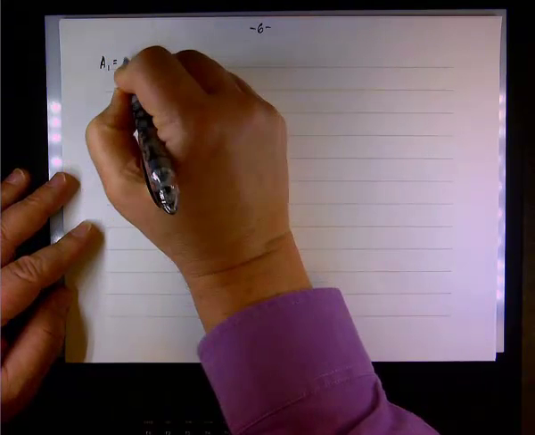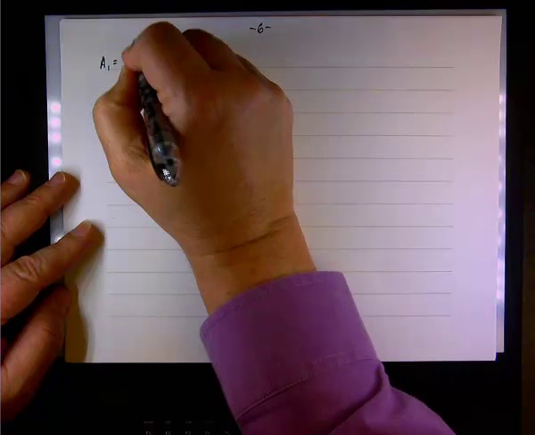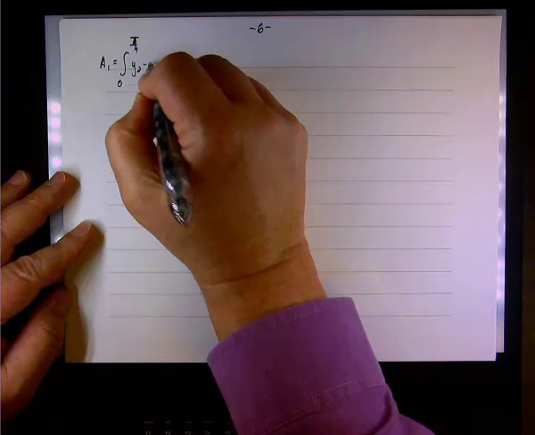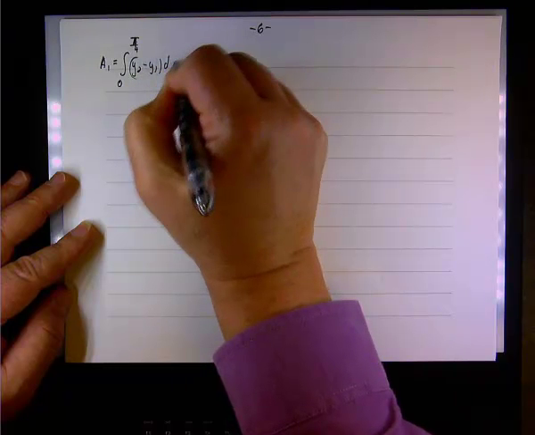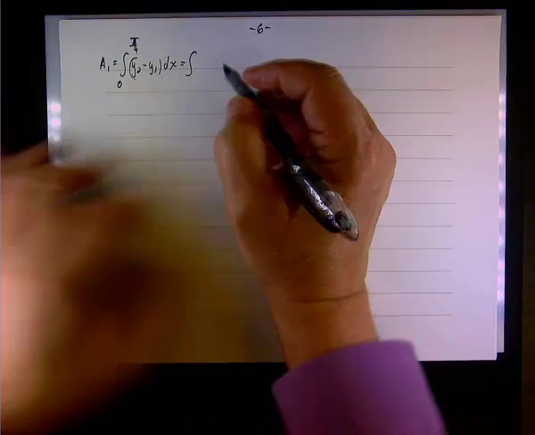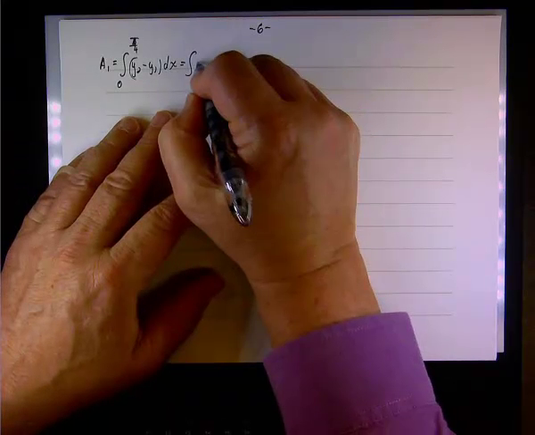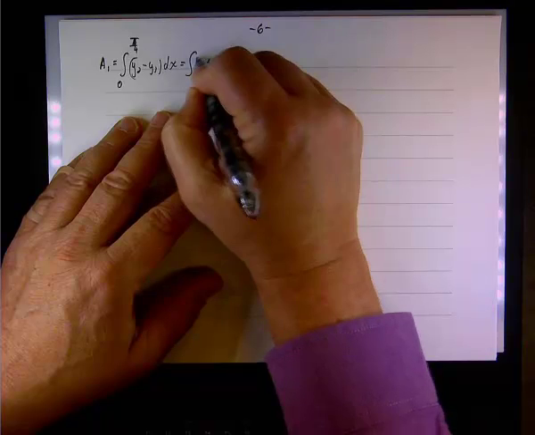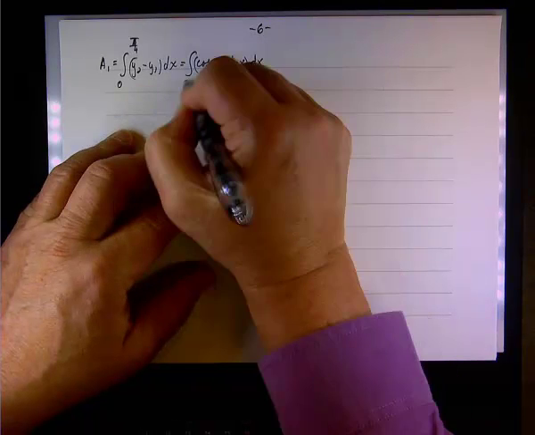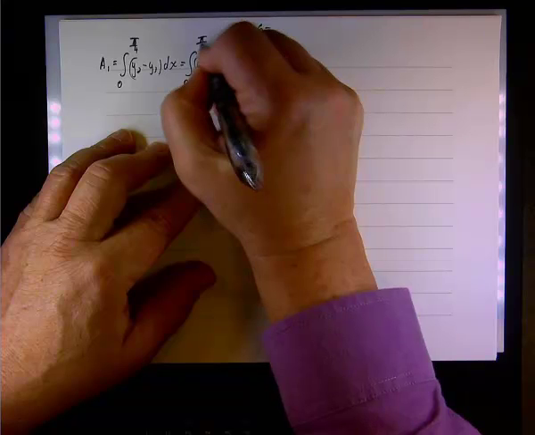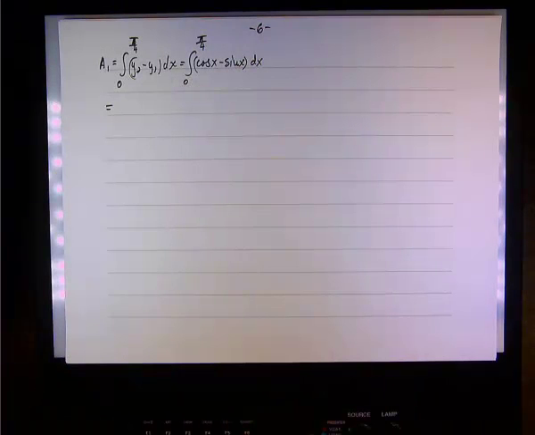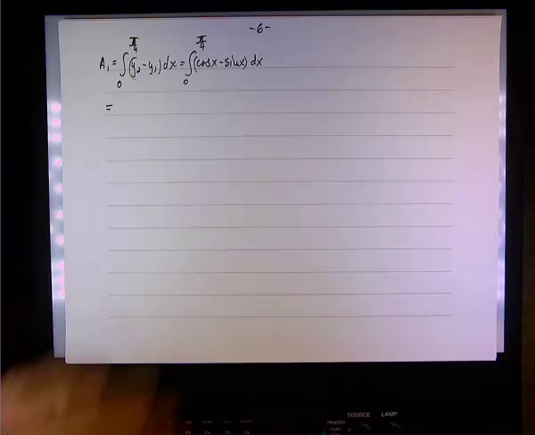So A1, the integral from 0 to pi over 4, in A1 we're looking at y2 minus y1 dx, or recall that y2 is the cosine. So we look at the cosine minus the sine, and we go from 0 to pi over 4. So antiderivative time. The antiderivative of the cosine is the sine.